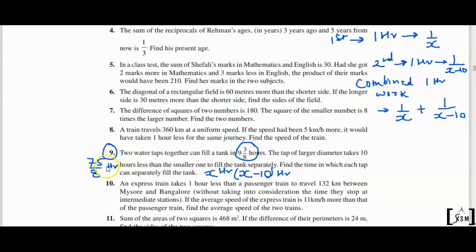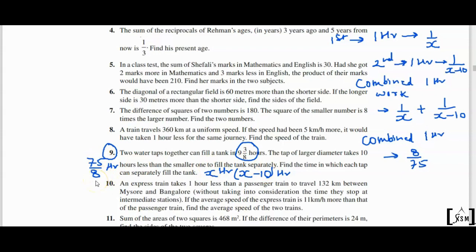So in 1 hour, their combined work as per the given question is 8 over 75. Right guys? Because they complete the tank in 75 over 8 hours.